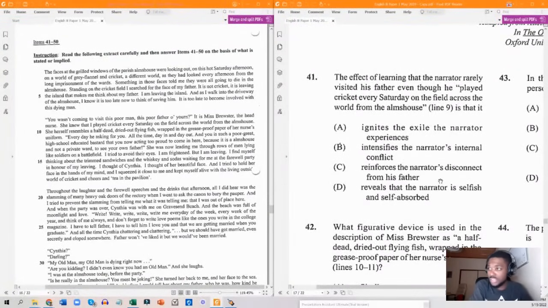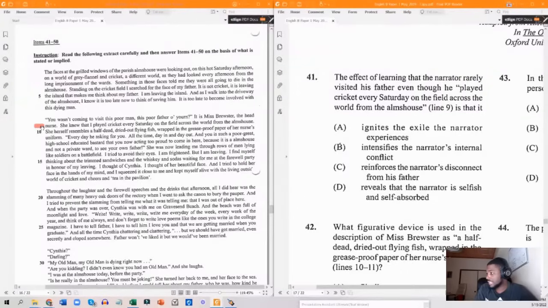41. The effect of learning that the narrator rarely visited his father, even though he played cricket every Saturday on the field across the road from the almshouse, is that it does what? So 41, let me hear your thoughts on 41.